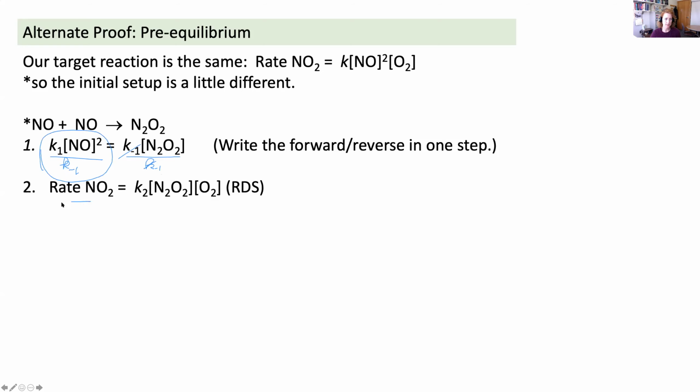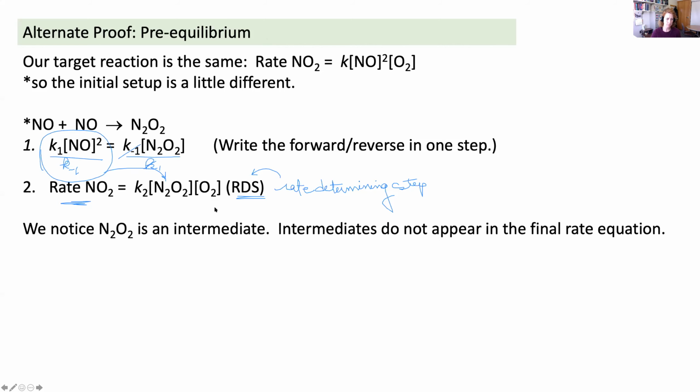And if this is our rate determining step, our slow step, step 2, slow, where RDS is rate determining step, then I can now just take this and plug it in for N2O2.